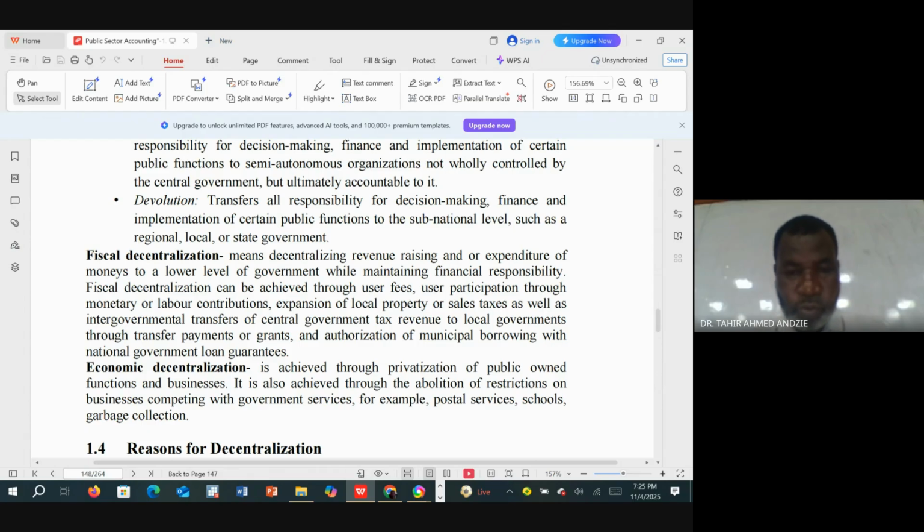Okay, so the fiscal policy, fiscal decentralization, we are saying can be achieved through user fees. And when we say user fees, we're talking of the various fees that these assemblies will generate through the use of some of their services, assets, and all that.